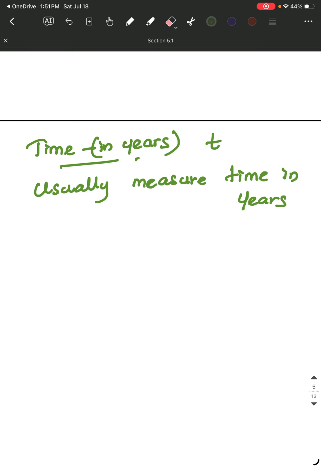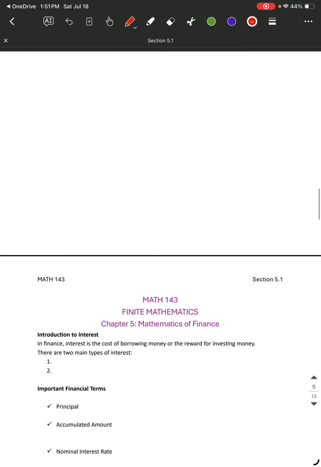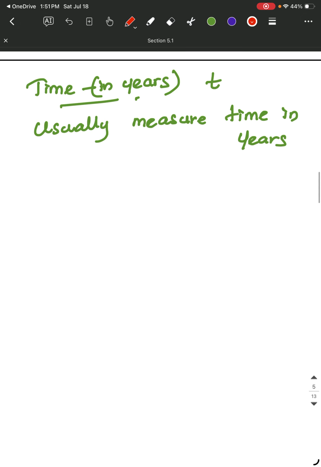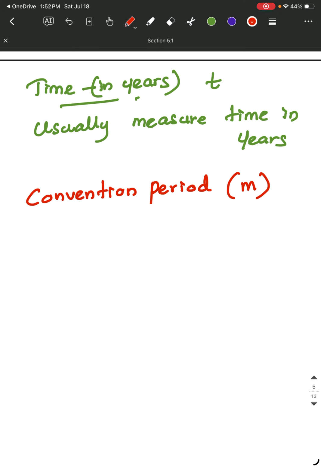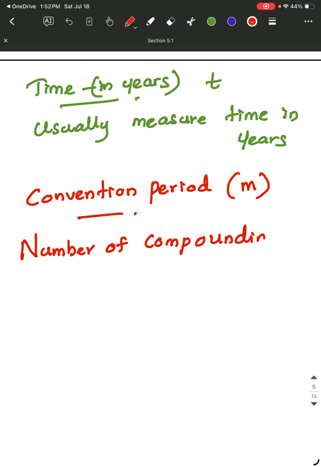The next term is compounding period. The compounding period, which we denote by lowercase letter m, is the number of compounding periods in each year, right?